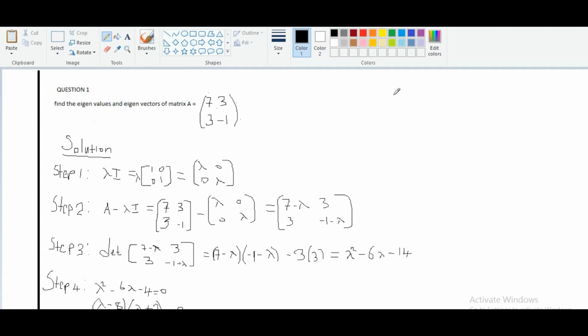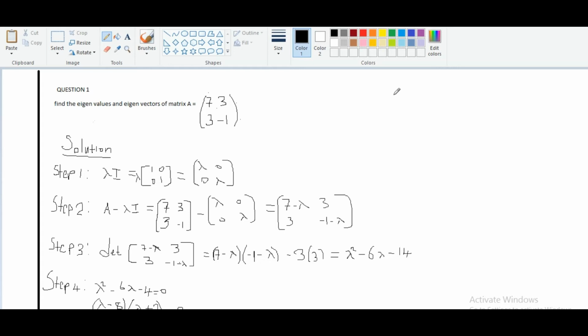Step number 1, you multiply an n by n identity matrix by a scalar lambda. Step number 2, subtract the identity matrix multiple from matrix A. Step number 3, find the determinant of the matrix.